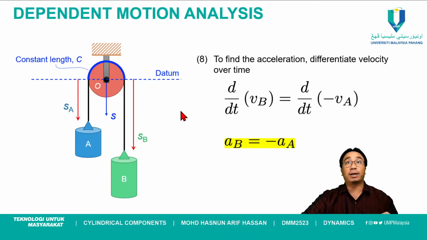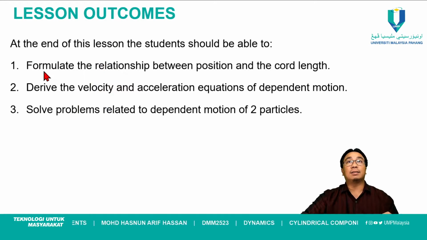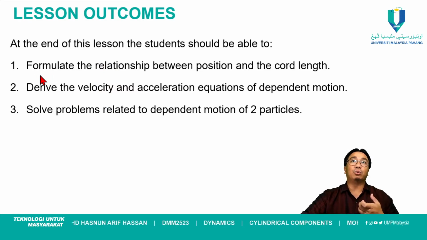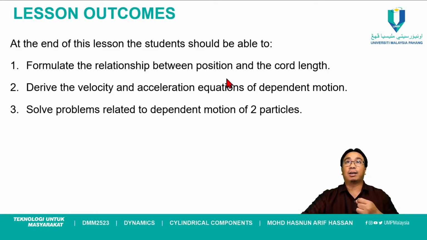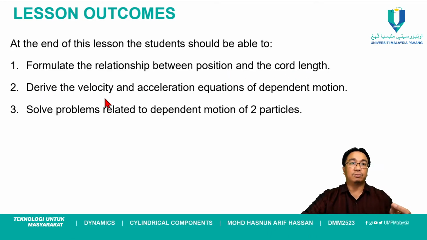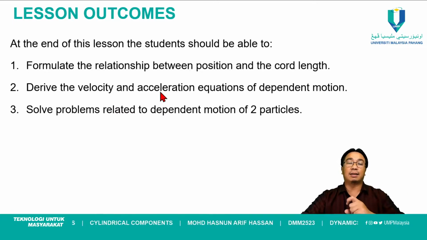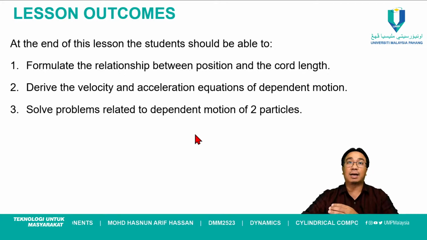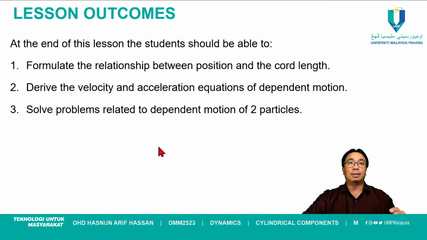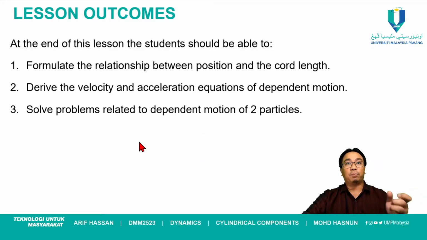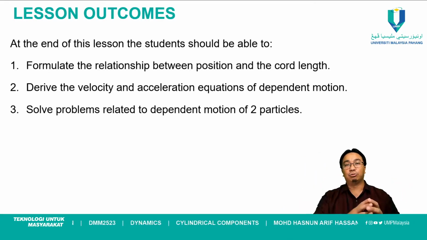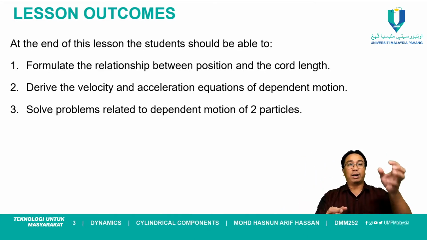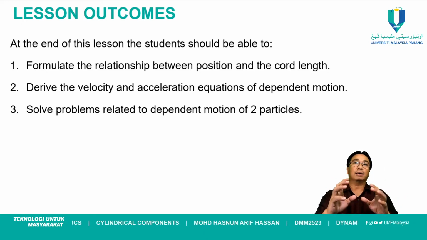So that's why one of the outcomes for today's lesson is for you to be able to formulate the relationship between position and chord length, and then derive the velocity and acceleration equations yourself, because there is no specific equation that can be used the same way for all situations. Sometimes what I showed just now is a simple one, two objects, one pulley.